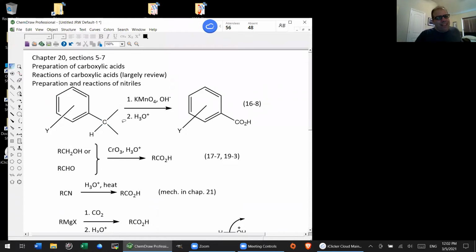And I'm getting conflicting results on this, actually. Some of my sources are saying that the carbon has to have at least one benzylic hydrogen. So I happen to think, even if there is no benzylic hydrogen, you treat it with permanganate ion, man, that's one of the best oxidizing agents known to man. I think it would still find a way to chew it up.